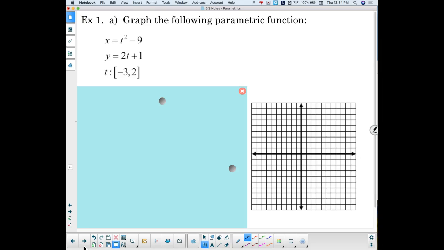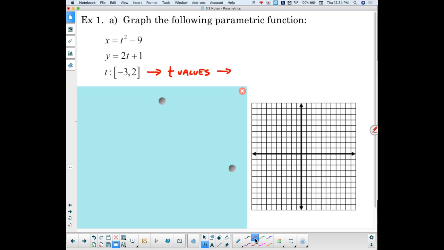And then the third thing that I have to do is give you an interval, and this is very important. I have to give you an interval of t values. These are going to be the restrictions on t, or the t values that I want graphed.